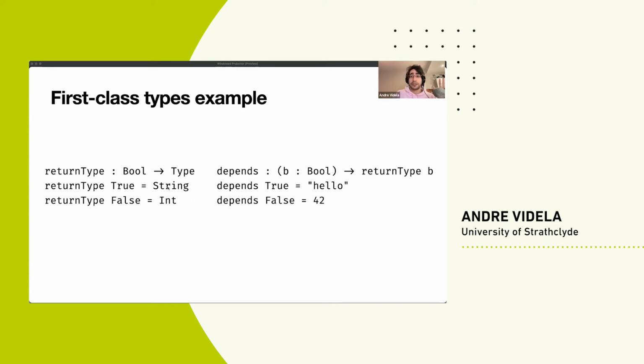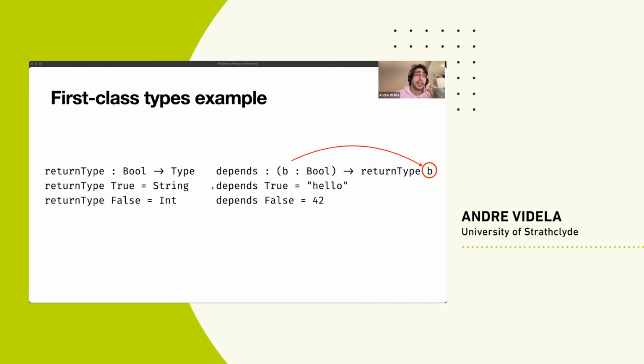Note that those are not values of type string and values of type int. They are the types themselves. And then how do we use this? We use this by calling it inside the type signature of another function. Depends is a function whose type uses the definition of return type. And furthermore, it takes as argument the argument of depends.